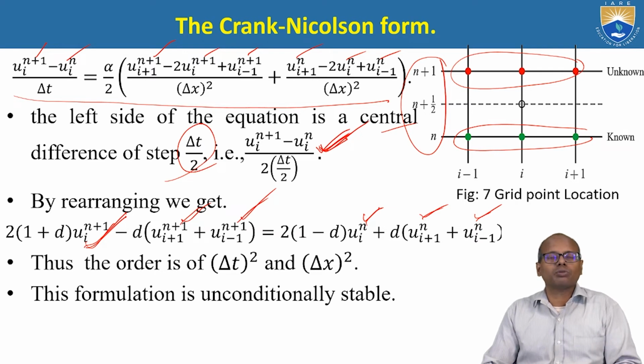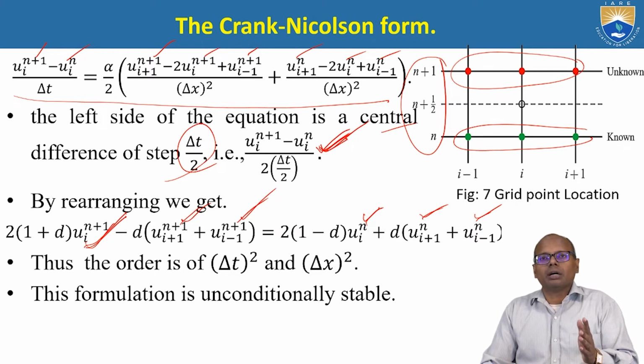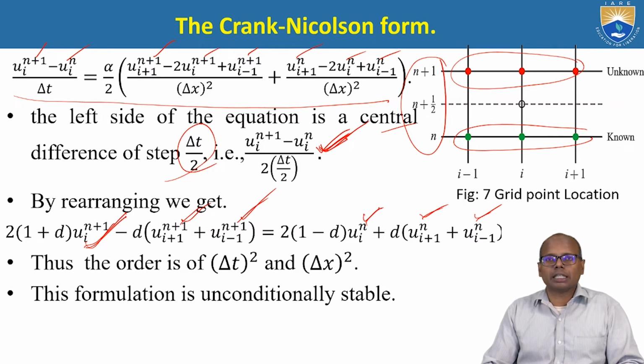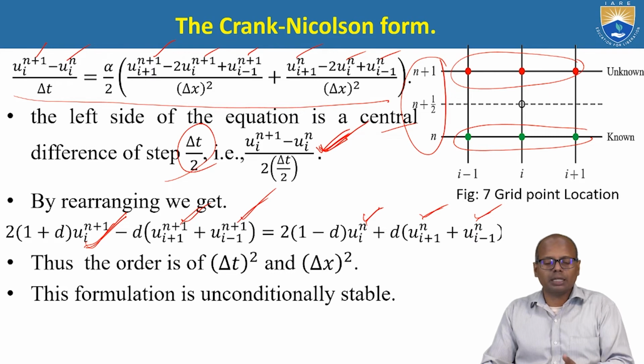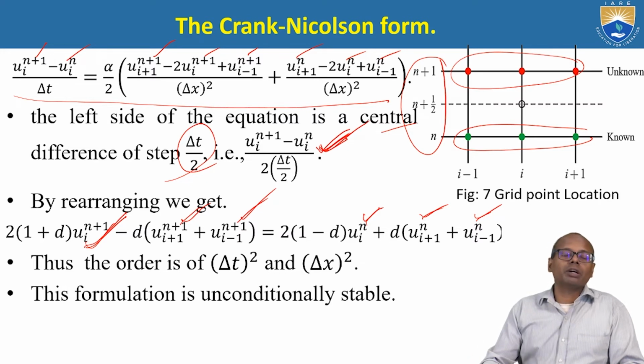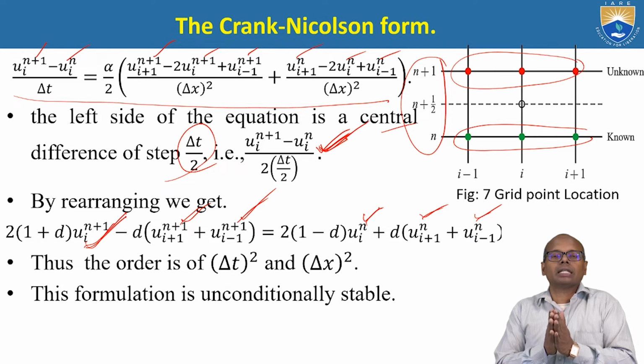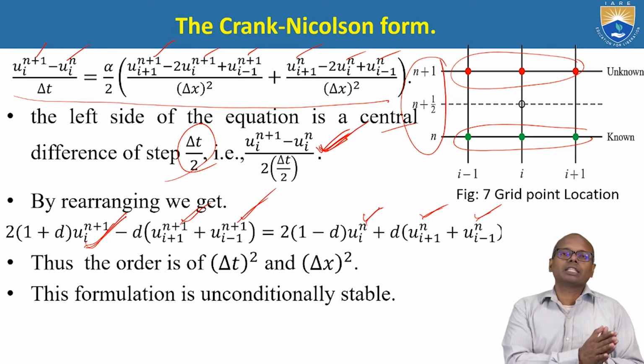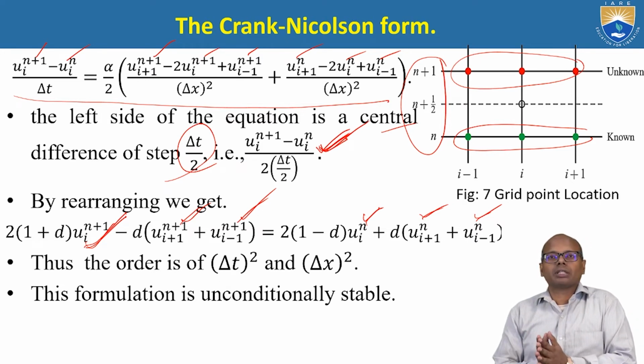Previously also we had the DuFort scheme, which is also unconditionally stable, and the Crank-Nicolson scheme is unconditionally stable. What we have seen till now is that explicit schemes are there and implicit schemes are there.